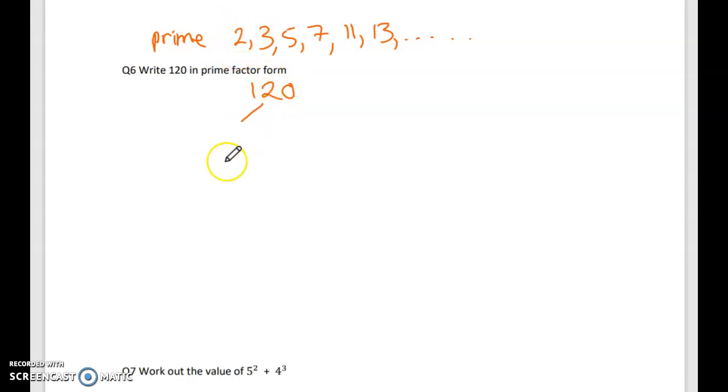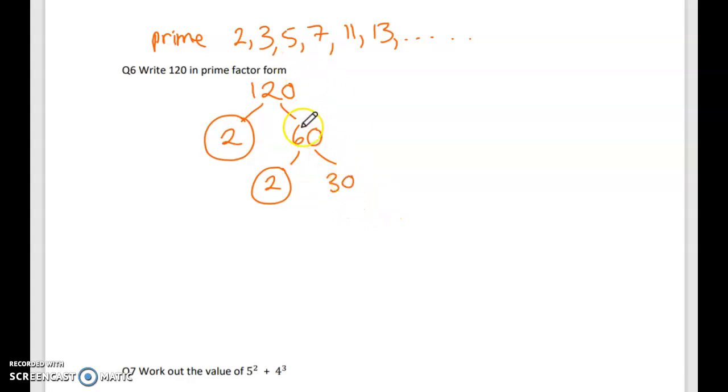Can I divide this by 2? Yes. If I halve it, I end up with 60. I'm done with 120, so I'm now using 60. Can I divide by 2? Yes, I halve it, I get 30.